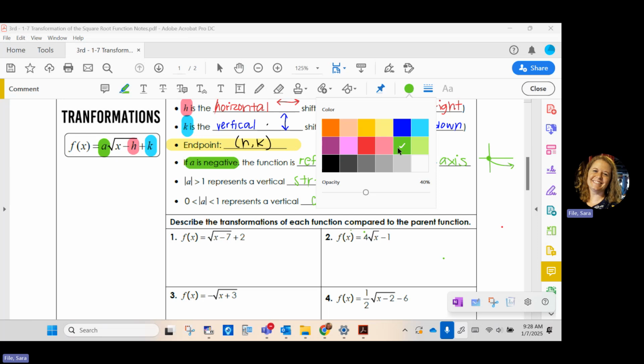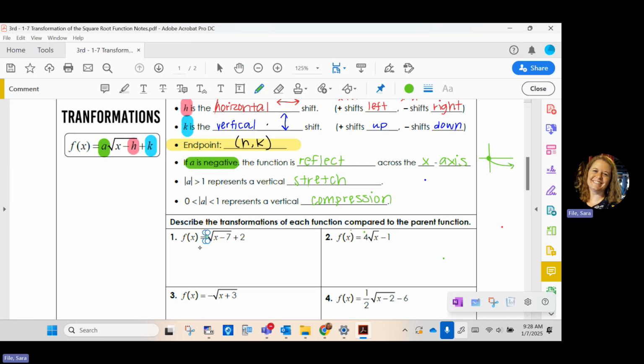In number 1, what is your A value? Yeah, there's nothing there. It's an understood 1. So A is 1. That means there's no stretch, there's no compression, and there's no reflection. So nothing so far. What is A in number 2?